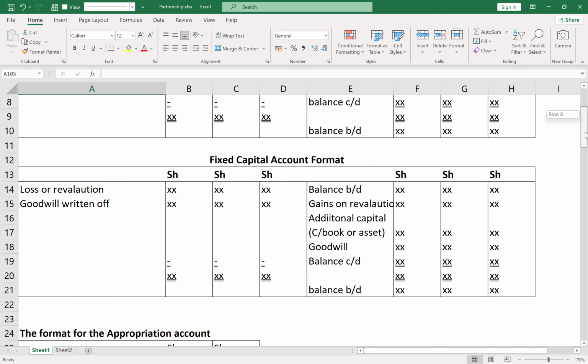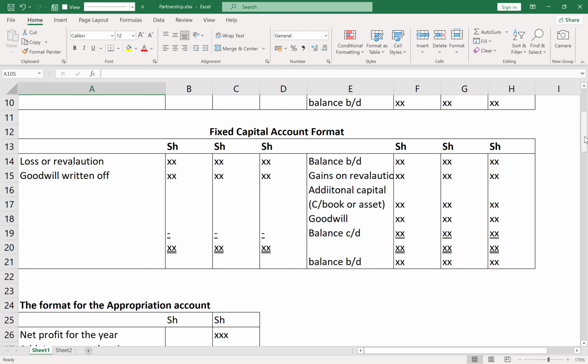For the fixed capital account, it is the same case, whereby on the left hand side you have the loss or variations and goodwill written off. Those are the debit. On the credit, you shall have the balance brought down.